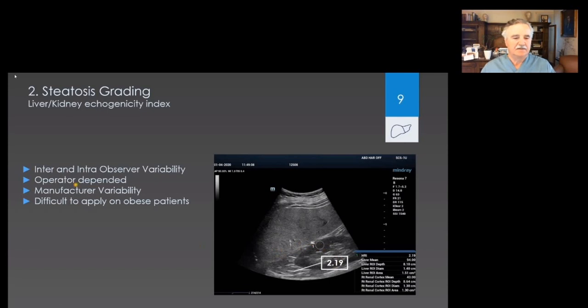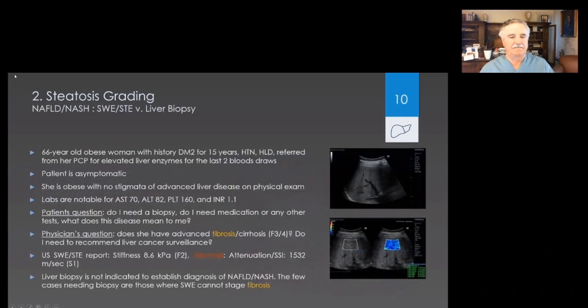But there is an important inter- and intra-observer variability. Of course, this technique is operator dependent. There is manufacturer variability with different machines. And in obese diabetic patients, this method is difficult to apply.